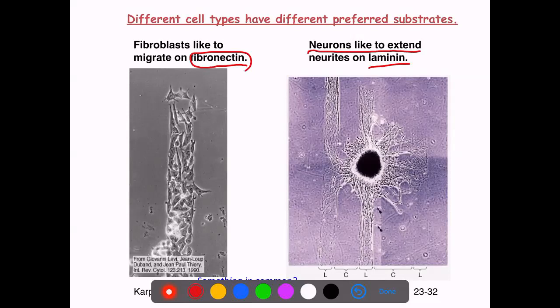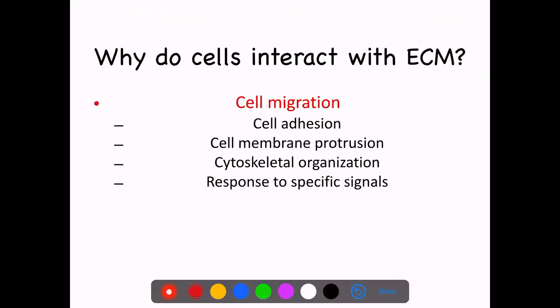So what are the things that really bring us to cell migration? When a cell binds to the ECM, these are the changes that the cells will undergo in terms of interacting with the ECM. But one of the important concepts I really want to stress is cell migration.